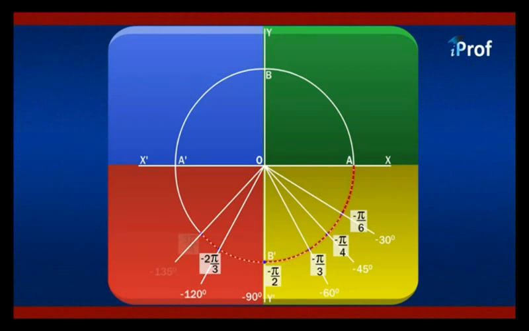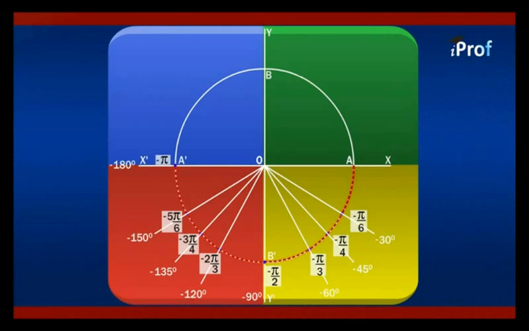At minus 135 degrees, that means pi by 2 plus pi by 4, it will be equal to minus 3 pi by 4. Then at minus 150 degrees, it will be equal to minus 5 pi by 6. At minus 180, it will obviously be equal to minus pi radians.